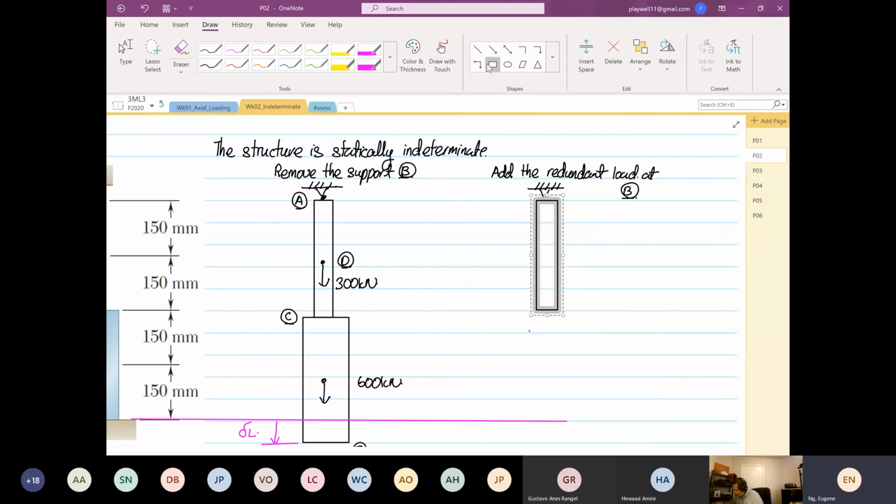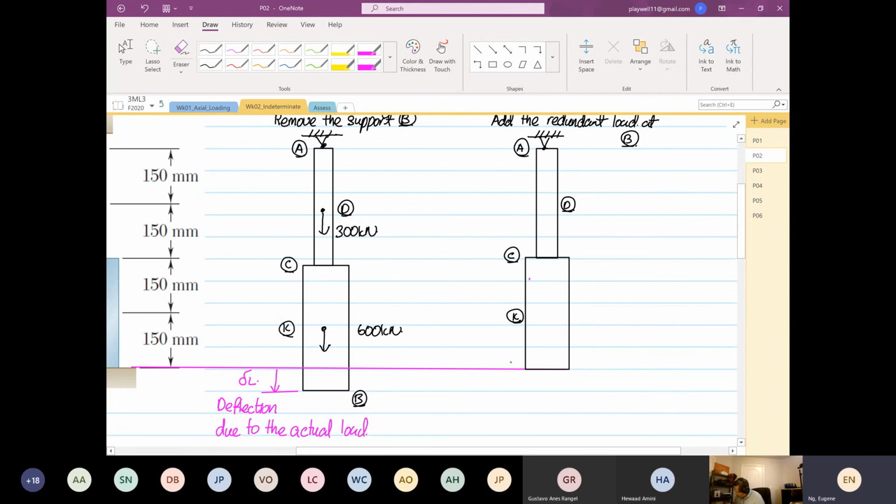So down here, you see the way I sketch it, this is our structure again. So this is our point A. Then we have our point D. Then we have our point C. Over here is our point K. Then we finally come to our point B. So what the redundant load does is it's going to do this.